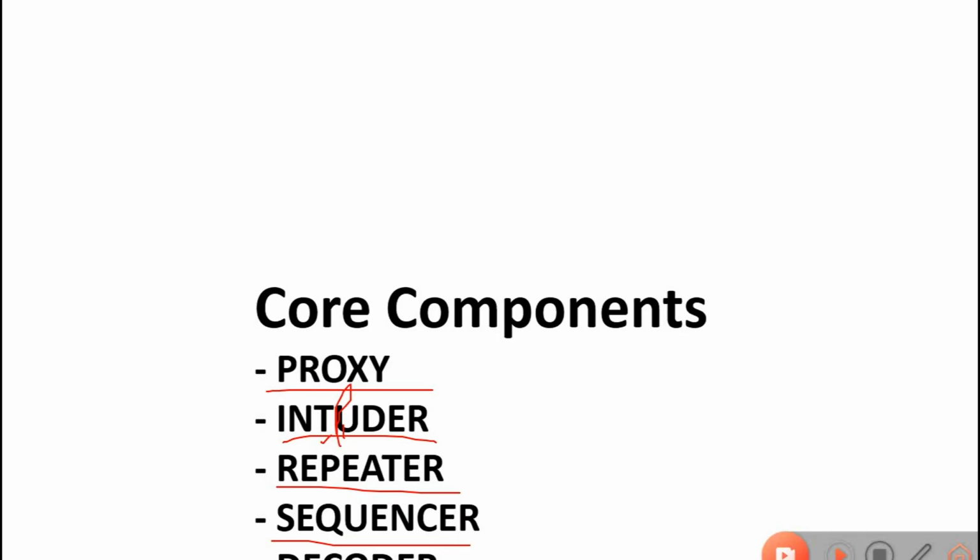It can also be used for caching. What do we mean when we say caching? We mean that it can cache frequently accessed resources, so that when other users request for something, it can be served faster without hitting the original server again.